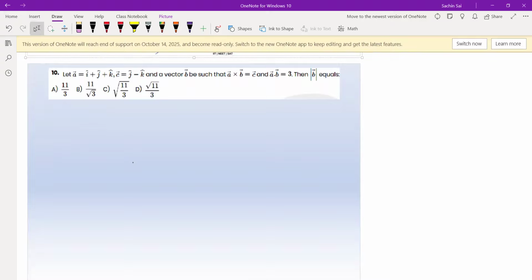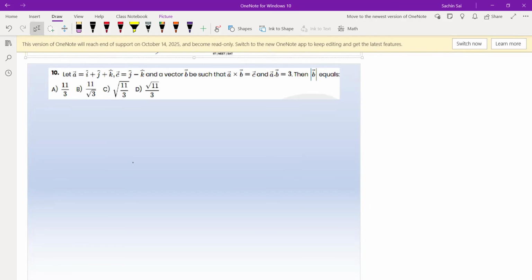Question 10. So question 10 is one of those questions that can get potentially lengthy if you do not have an elegant solution. So one thing I always recommend is that if you are trying to find a vector b bar, do not assume that it has three components x, y, z right away. Because if you have three unknowns x, y, and z, you will need to solve three equations, right?